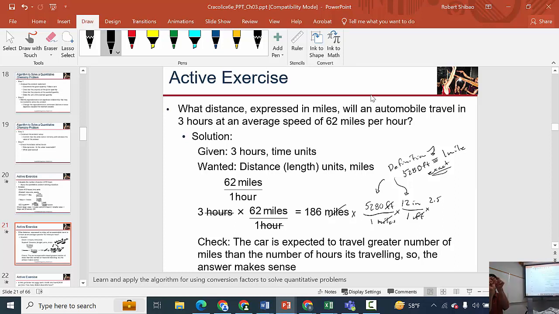A centimeter is shorter or longer? Shorter, but how much shorter? 10? No, 10 centimeters is like this. It's 2.54. There are exactly 2.54 centimeters in an inch. There's no uncertainty. It's not approximate, it's exact.